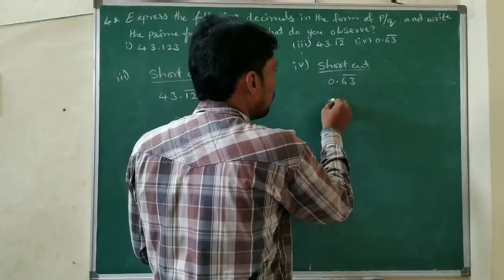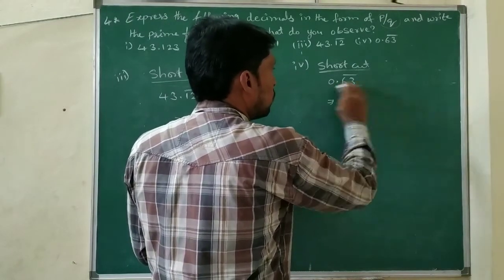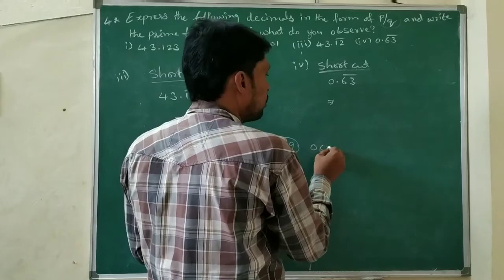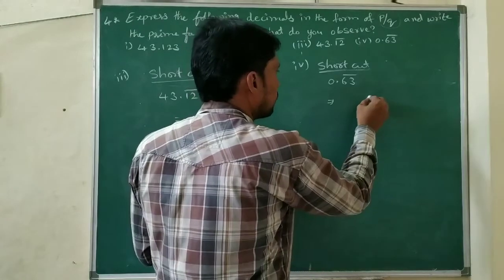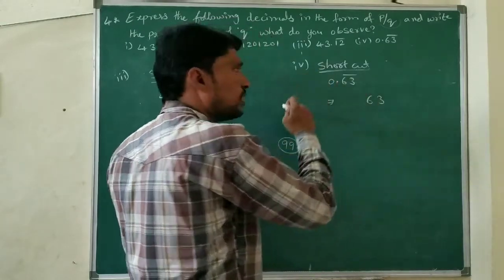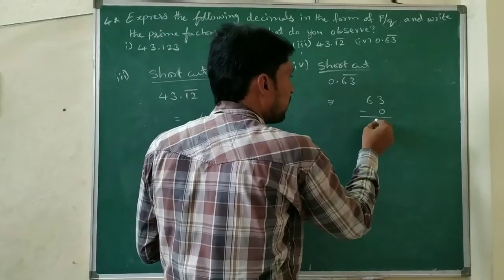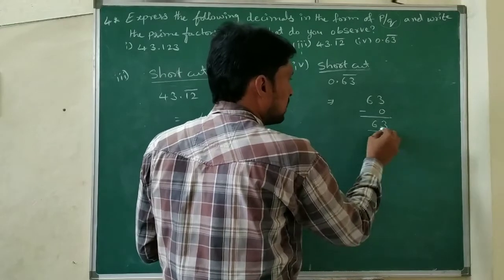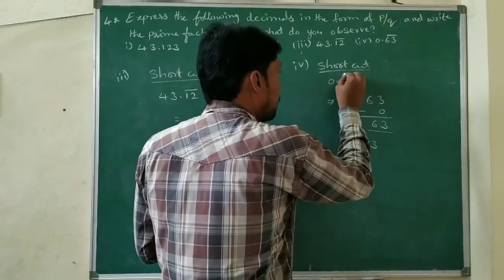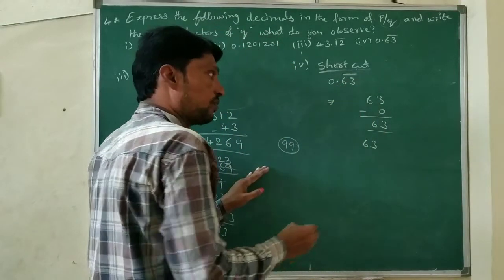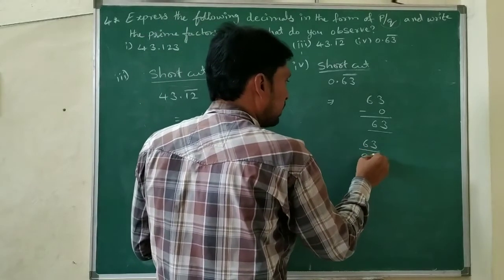Here also, first write the total digits as 063, which is 63 only. Before the decimal is 0, which we subtract, so we get 63. The periodicity is 2, so we take 99.